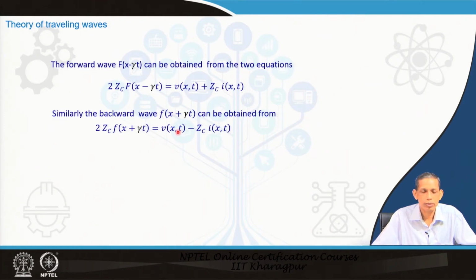These are available, and if we know the characteristic impedance Z c of the line, then we can obtain the corresponding forward wave and backward wave, which you can use for different purposes also.